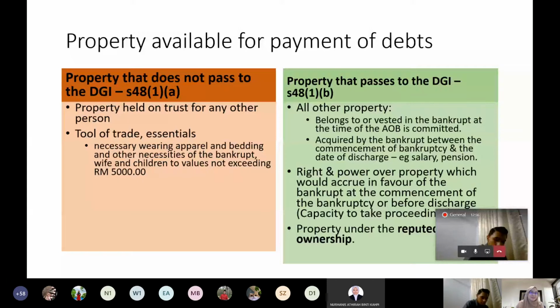So this is at the discretion of the officers of the insolvency department to determine the values of the items which are necessaries for the bankrupt. Okay, so these are the property that will not pass to the DGI at the point of time that the bankruptcy order is made against the debtor.